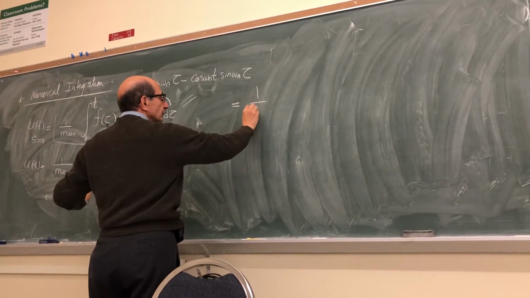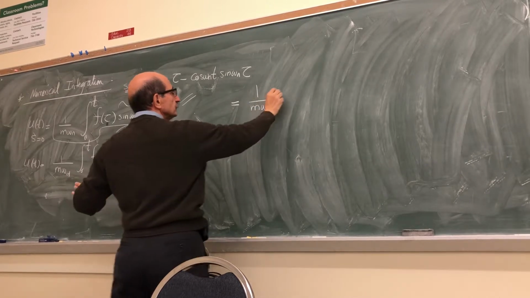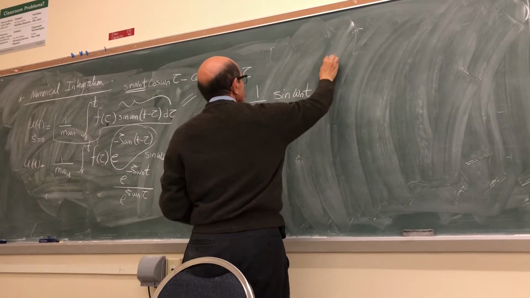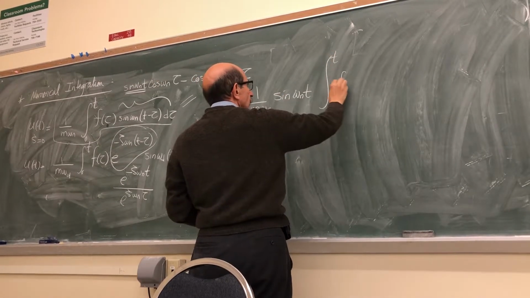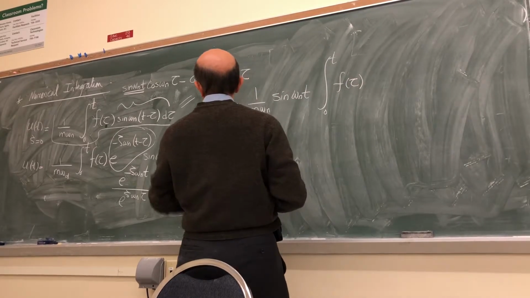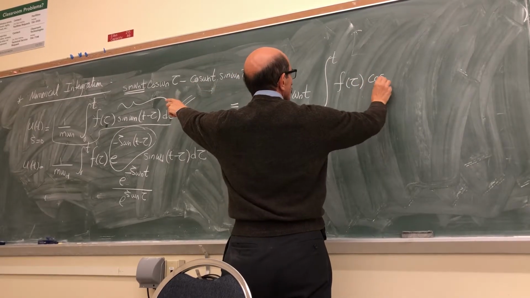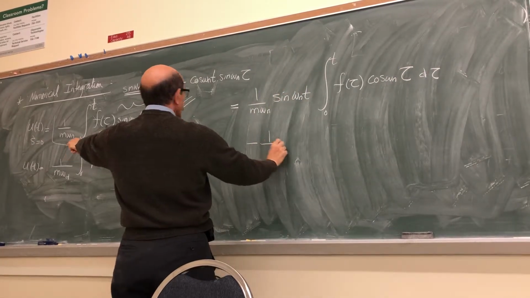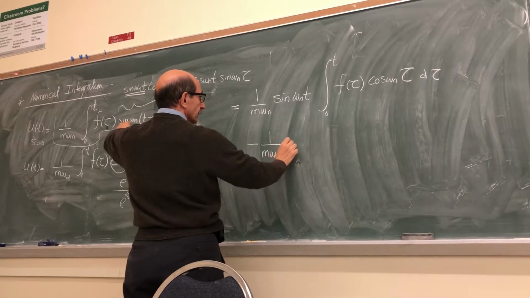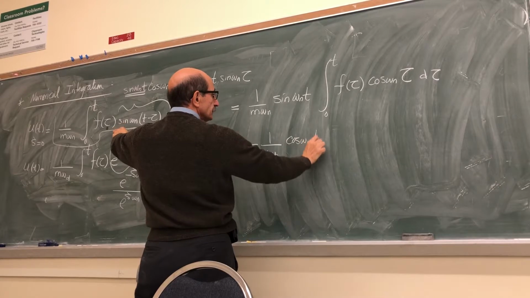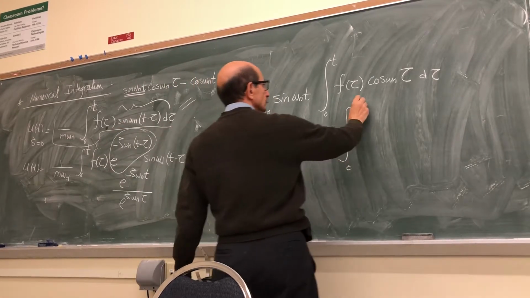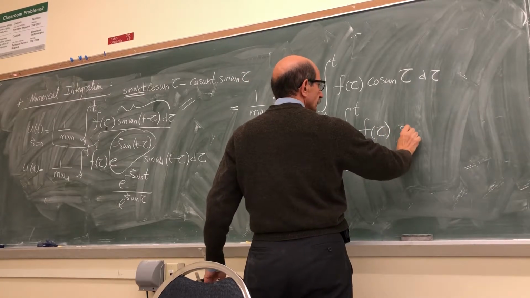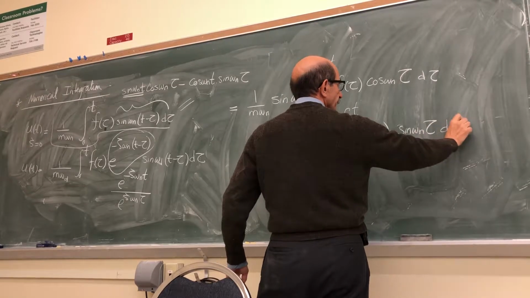You have 1 over m omega n sine omega n t times the integral from 0 to t of f of tau cosine omega n tau d tau, minus 1 over m omega n cosine omega n t times the integral from 0 to t of f of tau sine omega n tau d tau.